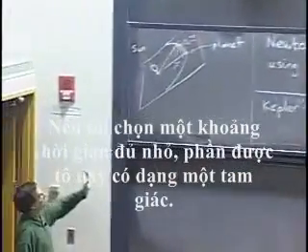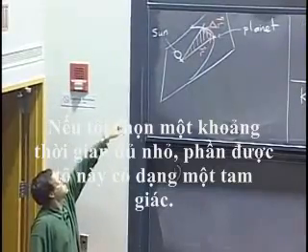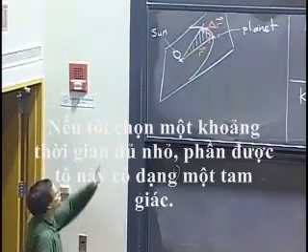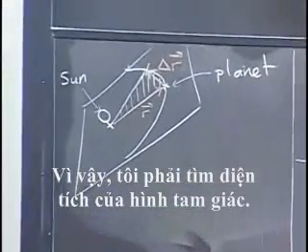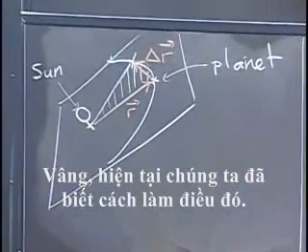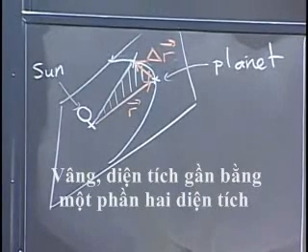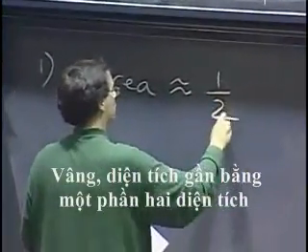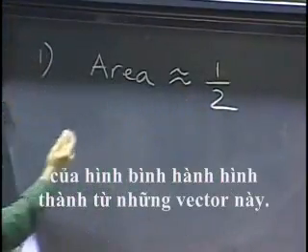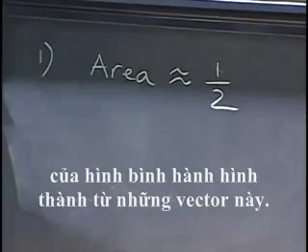If I take a sufficiently small amount of time, this grayed region looks like a triangle. So we have to find the area of a triangle. Well, we know how to do that now. So the area is approximately equal to 1/2 of the area of a parallelogram that I could form from these vectors.